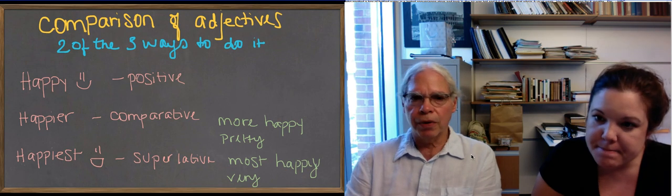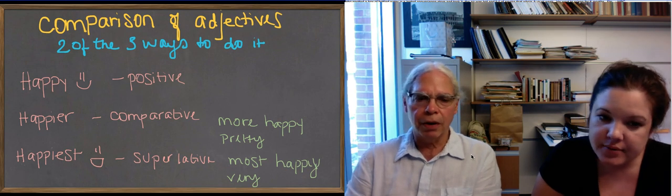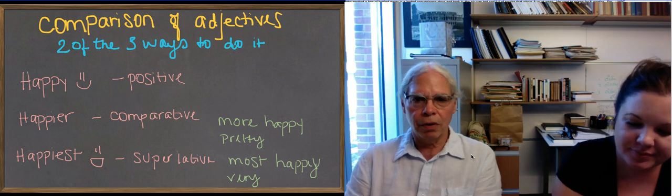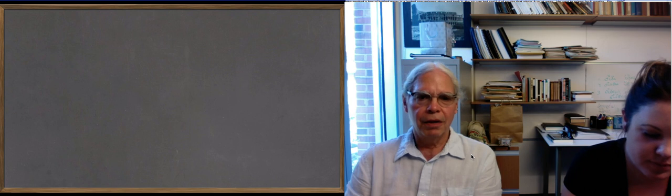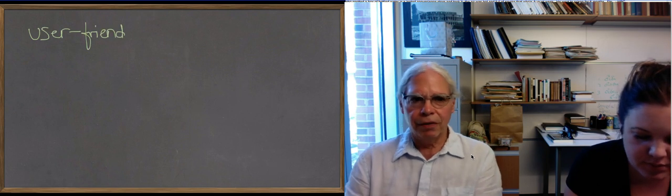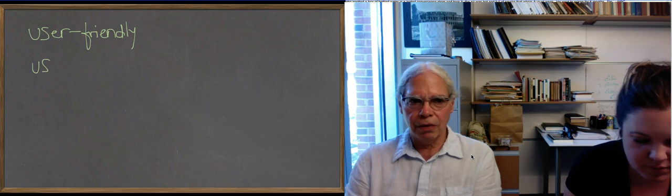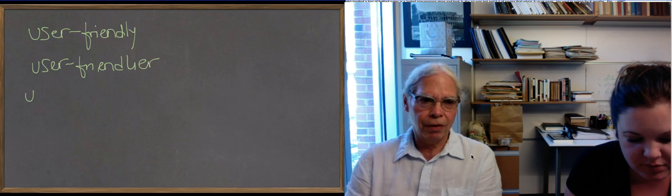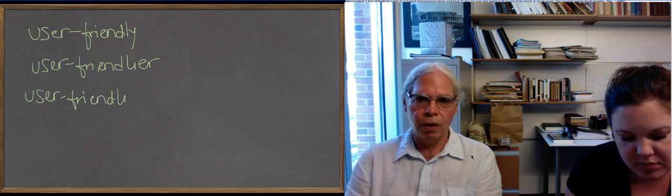So, for example, if you take a new word like user-friendly from the computer vocabulary, you can do user-friendlier. User-friendly is a positive degree, user-friendlier the comparative, and user-friendliest the superlative degree. Or you could do very user-friendly and pretty user-friendly, or most and more user-friendly.